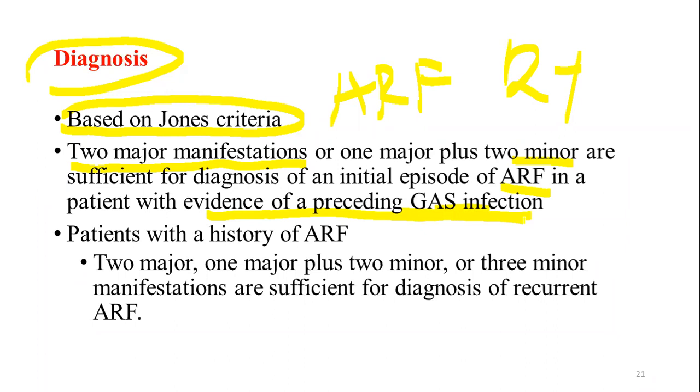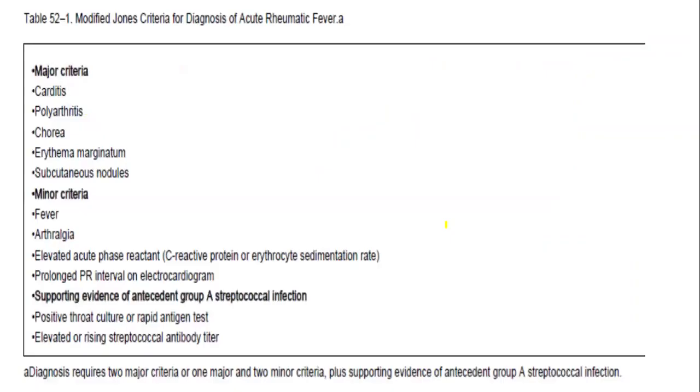But if a patient has a history of acute rheumatic fever, two major, or one major plus two minor, or three minor manifestations are sufficient for diagnosis of recurrent ARF. In this context, we don't need to do a test to check whether the patient has GAS or not, because we already have the information that the patient has a history of ARF.